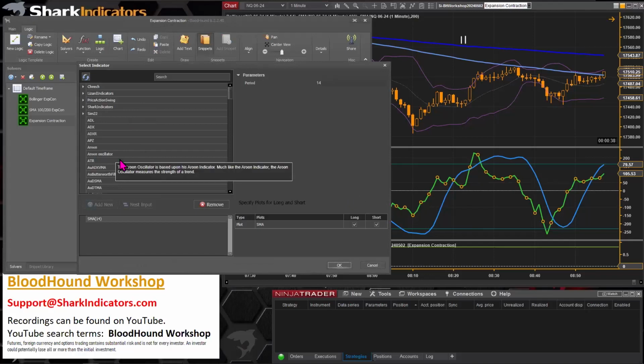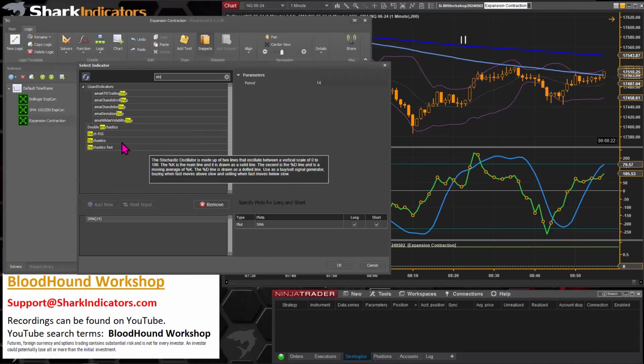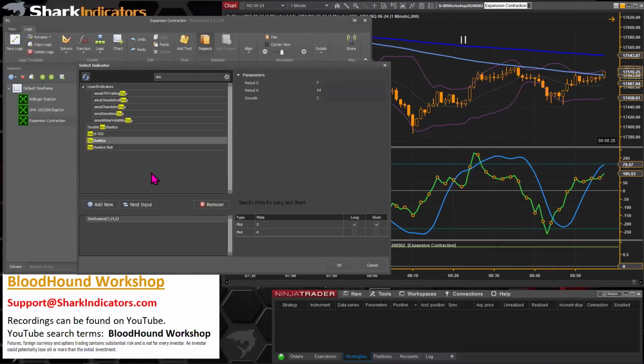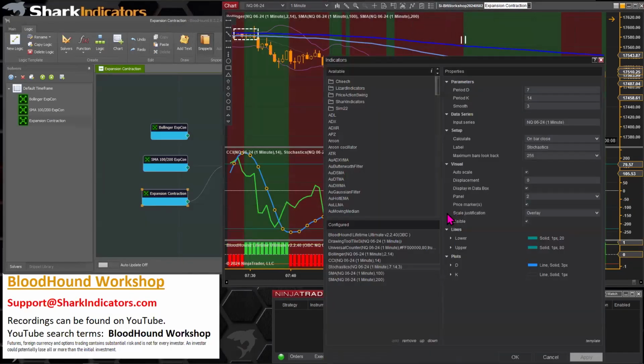Let's see. So I'm going to put the stochastics in input A because it has the least amount of movement. All right, so I am just using the standard stochastic settings, and we'll take a look at the %D. Actually, let me just double check.